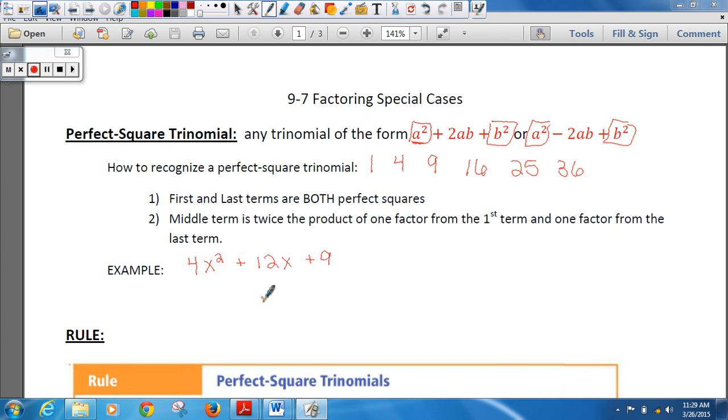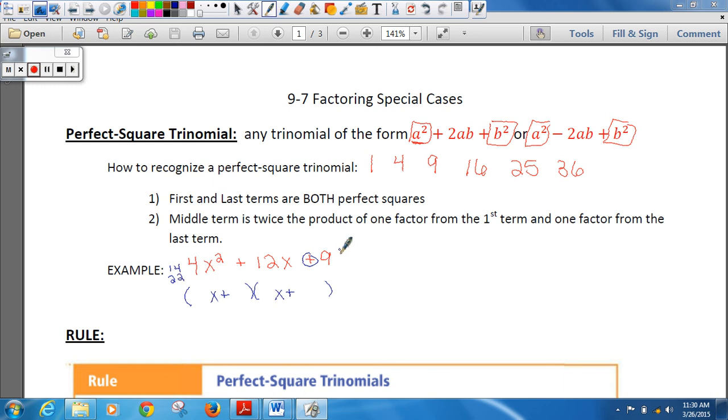Okay, I'm going to go over how we would normally factor it. We would normally say this sign's positive. It means they're both going to be positive. X plus, X plus. We'd say the factors of 4 are 1 and 4, 2 and 2.